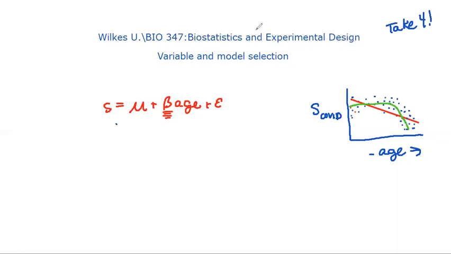This model looks like this. This is a simple quadratic model. So it's age plus, let's call this beta 1, beta 2, age squared plus error, okay?